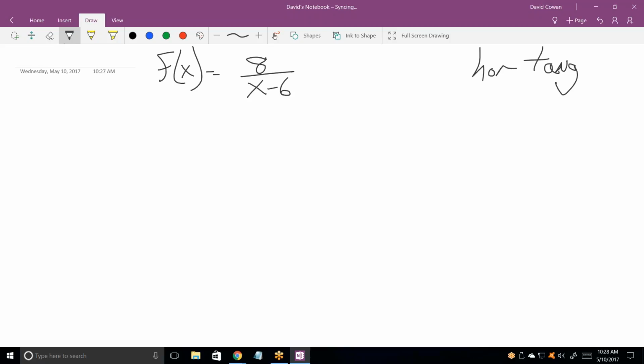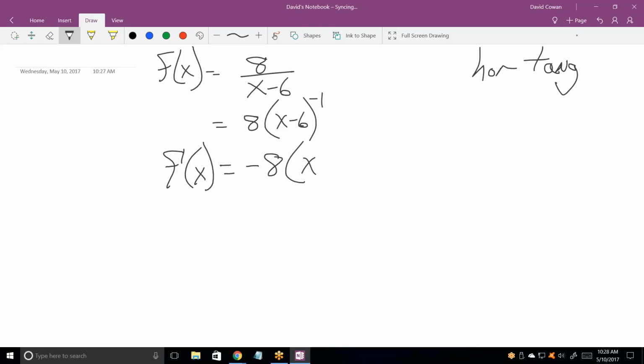And we're going to figure that out when we try to find it. Again, you could apply the quotient rule, but the quotient rule means more complicated algebra. I'm going to suggest we rewrite this. In fact, when I first started refreshing my algebra skills, I did this to everything to avoid using the quotient rule. Is there any reason I can't write it like that? No. So f prime of x has got to be minus 8 times x minus 6 to the minus 2 times the derivative of the inside, which is 1.